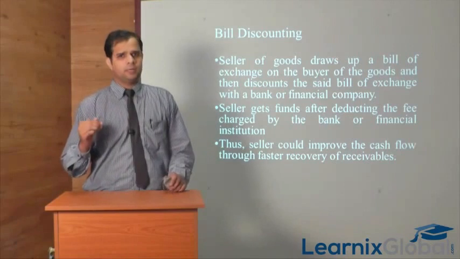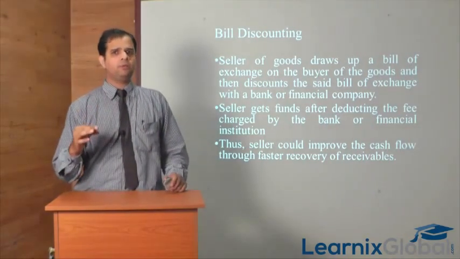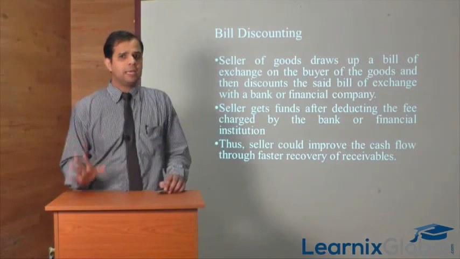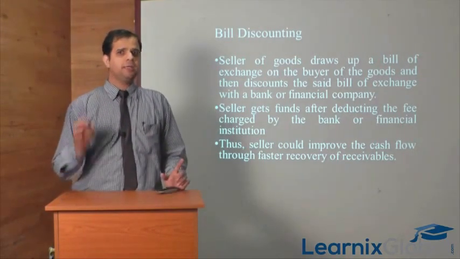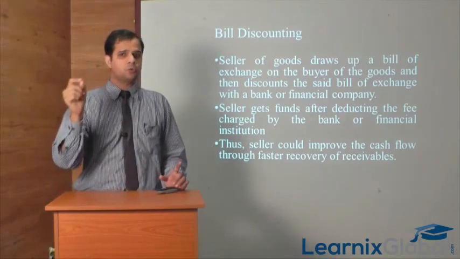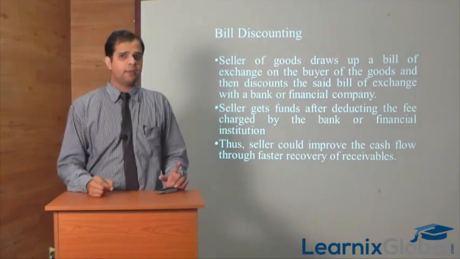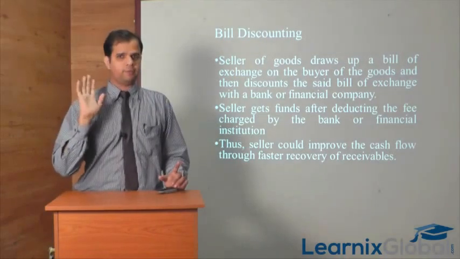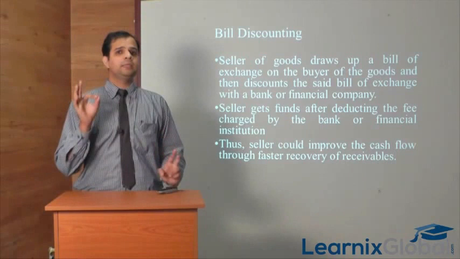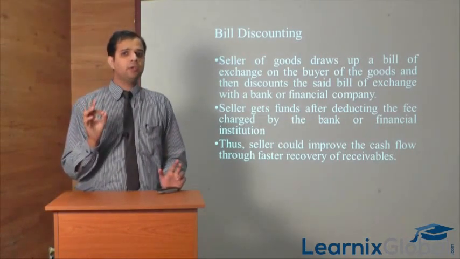So I am repeating one more aspect of bill discounting. Those are three aspects. First one, the seller draws the bill on the goods sold or goods exchanged to the buyer and gives it to the bank. This is the first aspect. Second important aspect, why is the seller going and giving it to the bank?